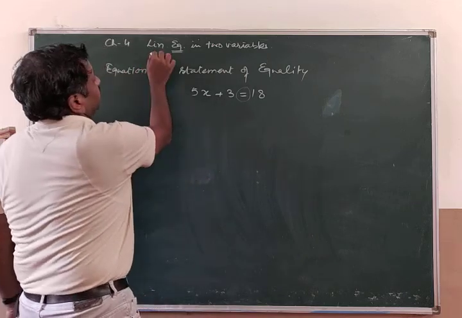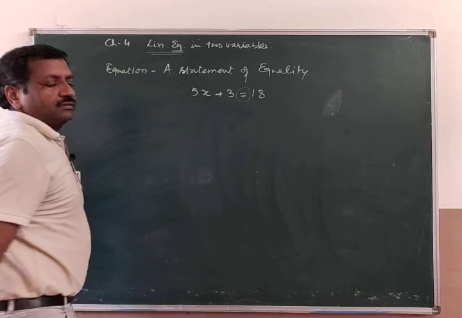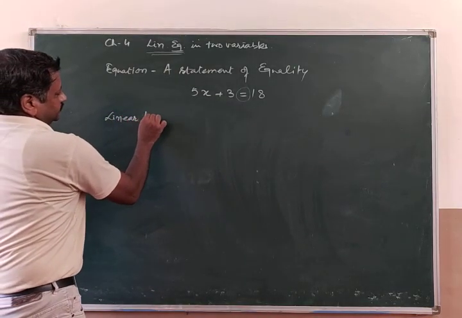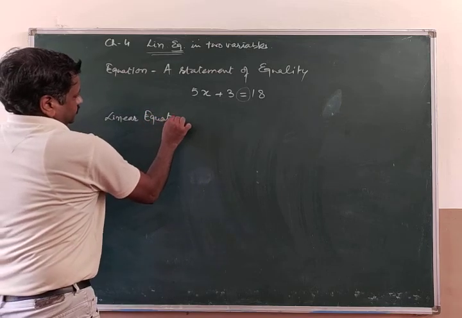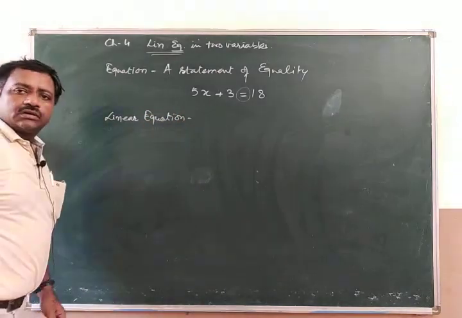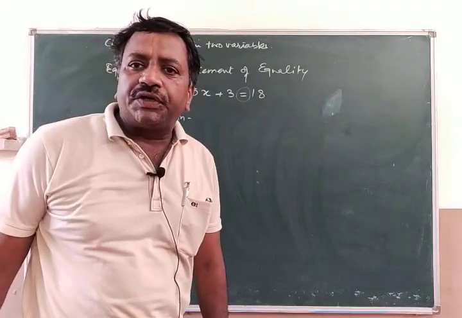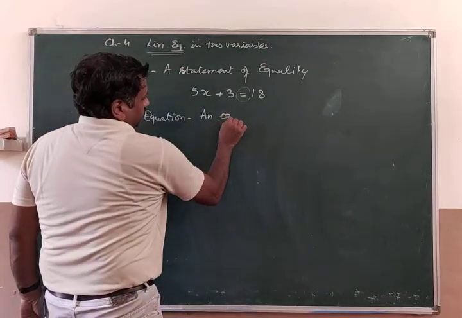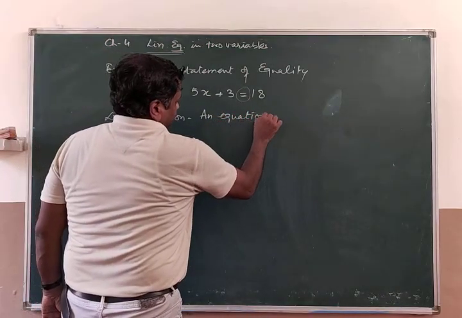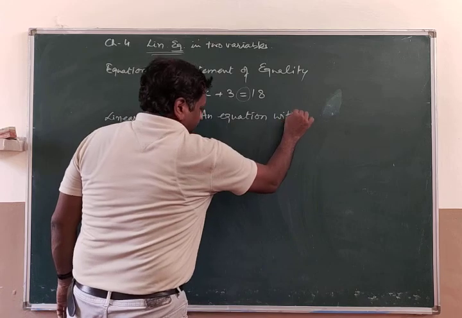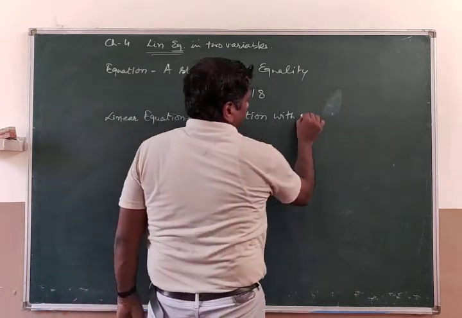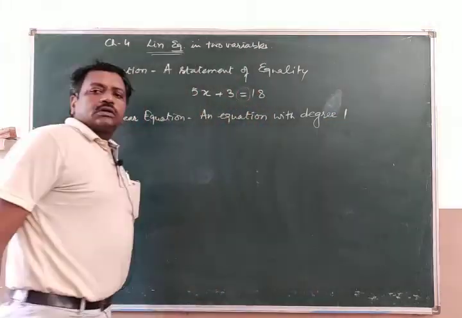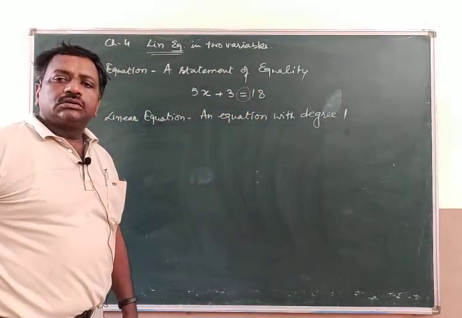Then after that is linear equation. So what is linear equation? An equation with degree 1 is called linear equation.